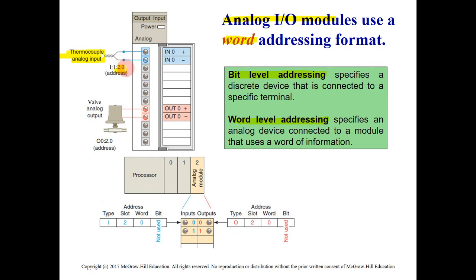It's not like the previous one, only 0 or 1. No, here it is 2.0. So in this case, it will give you a word. It can be 2, it can be 3, 5, and so on. The same is true for the analog output modules. They will also send the output to the output device.